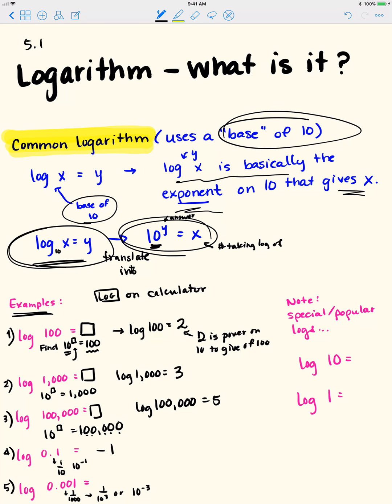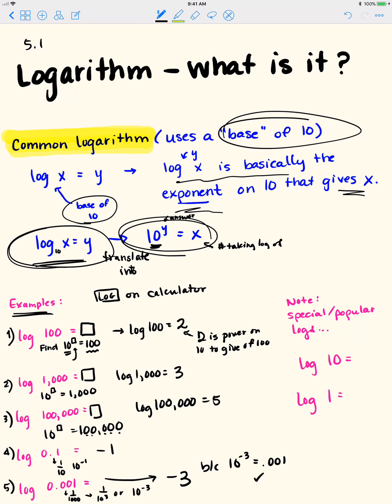It's almost like you're thinking about how to rewrite the 0.001 as 10 to the negative 3. What power of 10 would give you 1,000th? And that power is negative 3. So if you do the log of 1,000th, you'll get the number negative 3. But again, that's because 10 to the negative 3 would give you the 0.001, the 1,000th that you need.